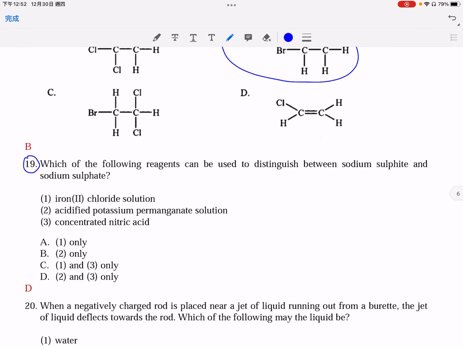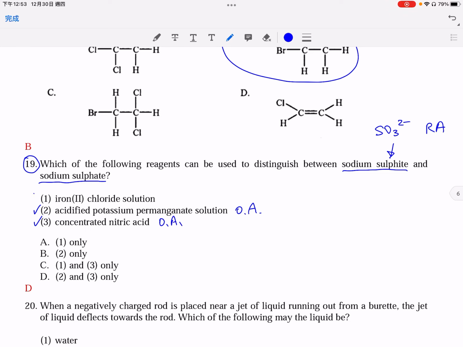Question number 19. To distinguish between sodium sulfite and sodium sulfate, make sure you know that the focus should be the sulfite ion, being a reducing agent. So options 2 and 3 are okay because both of them are oxidizing agents.